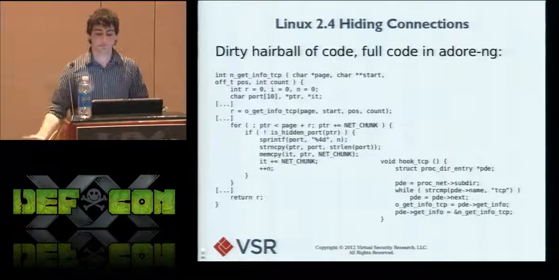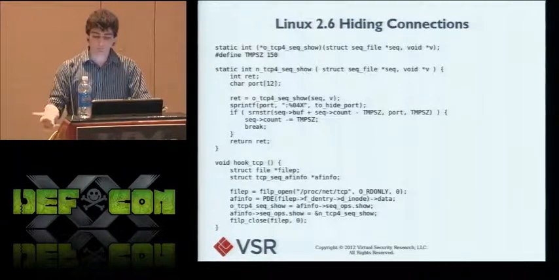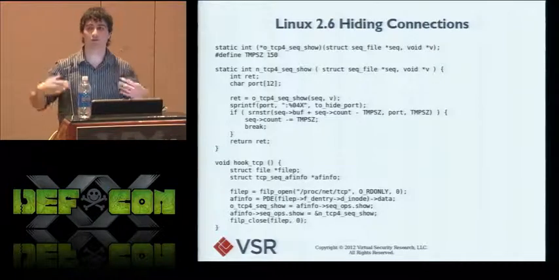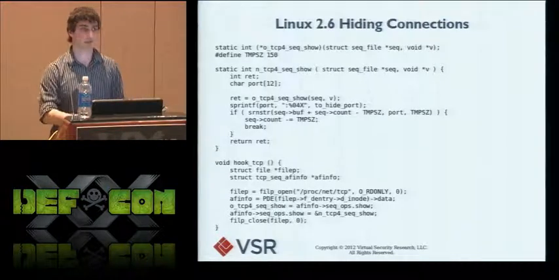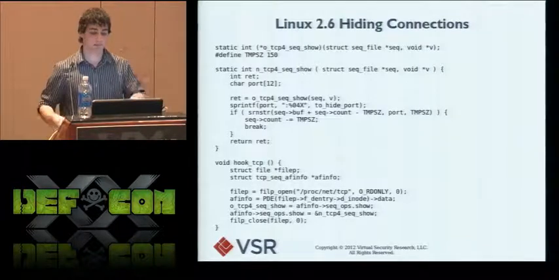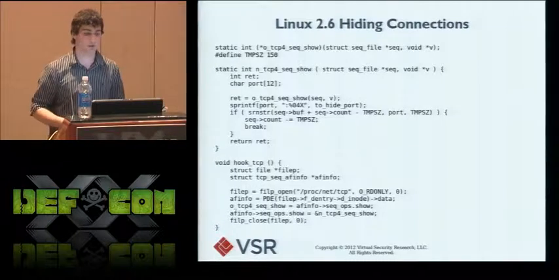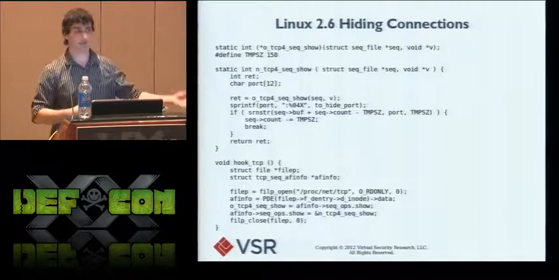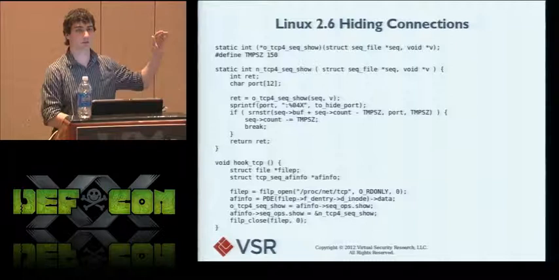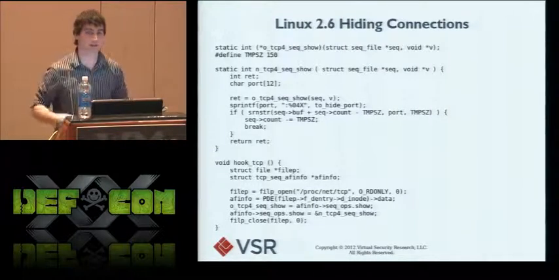Basically run the original function that returns the information associated with active connections and listening ports on the router, and simply parse out the information that you don't want. So we get the original output of ProcNet TCP, simply iterate through and remove any entries that we don't want, and then display it to the user.